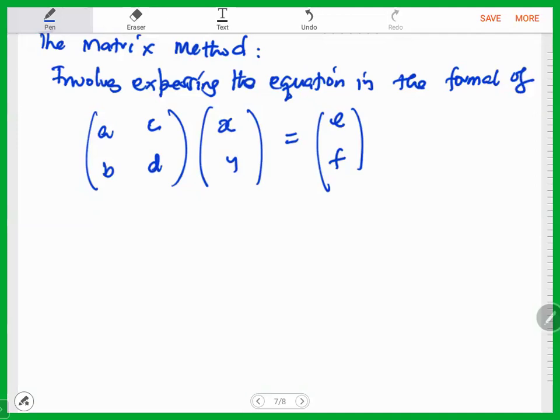And then EF, these are the constants. So normally we say this is matrix A. These are the variables. And these are the constants. So matrix A is saying that this is a matrix of coefficients.